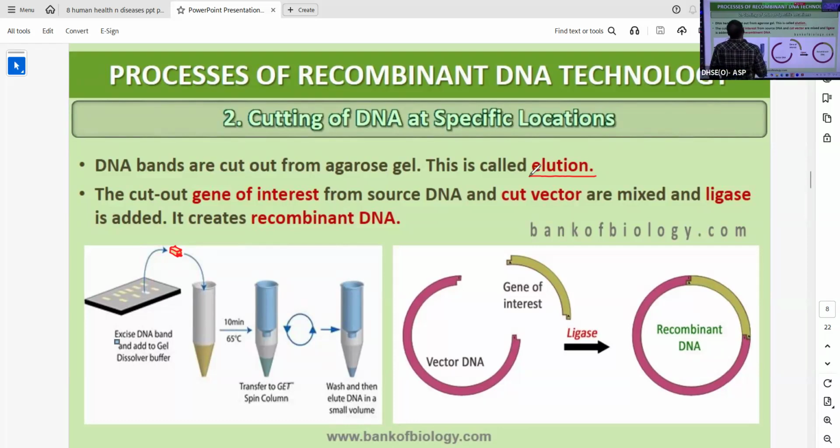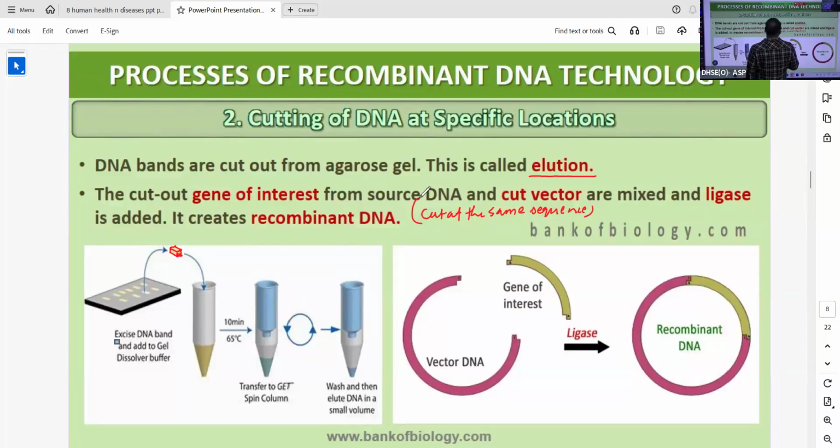What we'll do is cut at the same sequence, then only will we obtain the site where that particular gene of interest can be added.